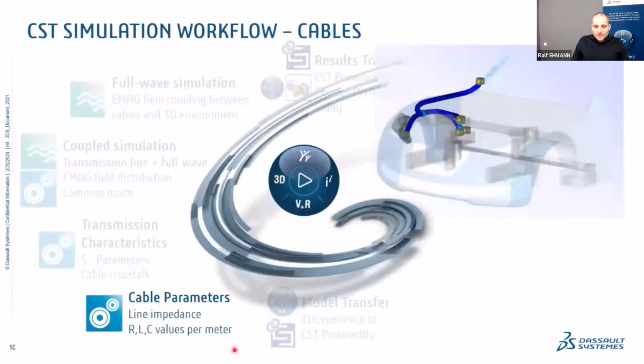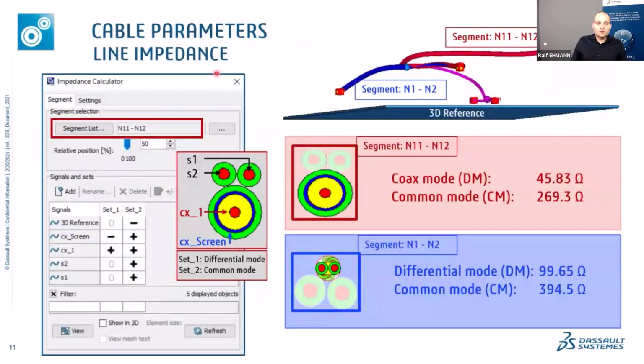And we are going to engage directly in the first setup of simulations, which is calculating, I would say, the basic parameters of the wires. First off, which can be calculated by the impedance calculator, where we select our given segment. We assign particular excitation modes for this cable segment, and we can then, for example, calculate the impedances for the coaxial cable, the coax mode and the common mode.